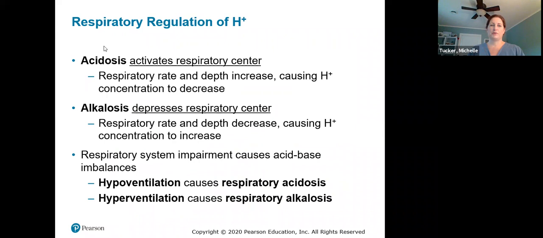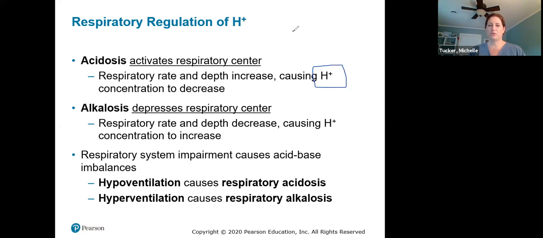So how do we regulate hydrogen ions? So this first one says, okay, we are now in acidosis. So there is a high concentration of hydrogen. So acidosis is a high concentration of hydrogen.